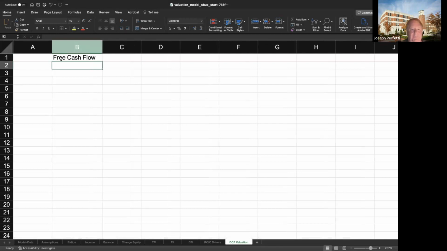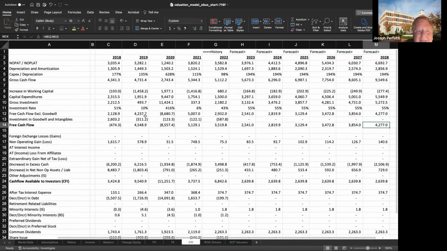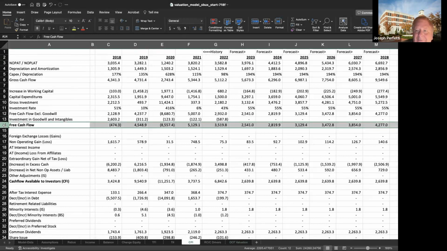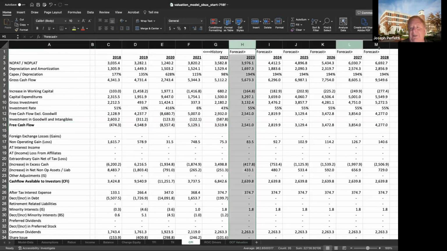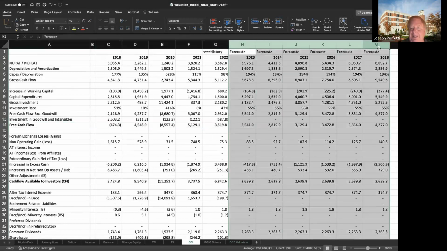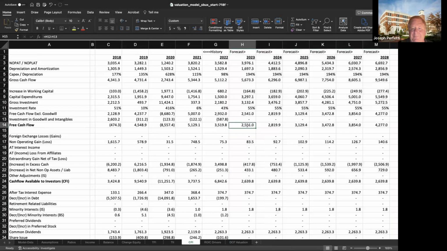Well, we actually have a forecasted free cash flow in our valuation model. It's on the CFI tab. On the CFI tab, we have a year by year forecast of free cash flow from 2023 through 2028. Six years of forecasted free cash flow right here. That's what we're leading up to.